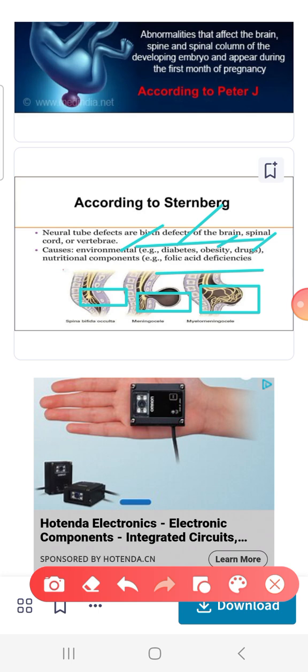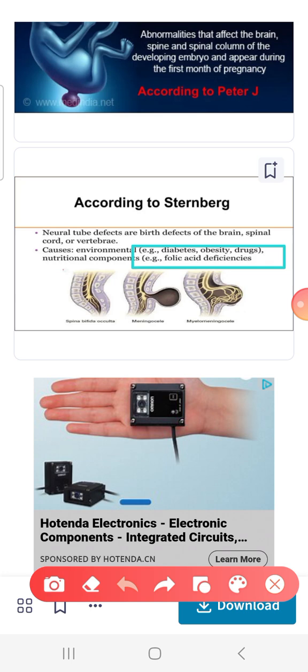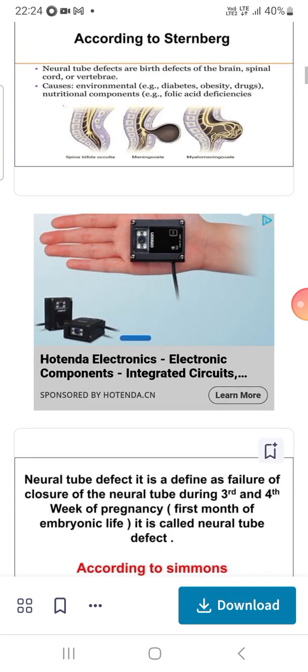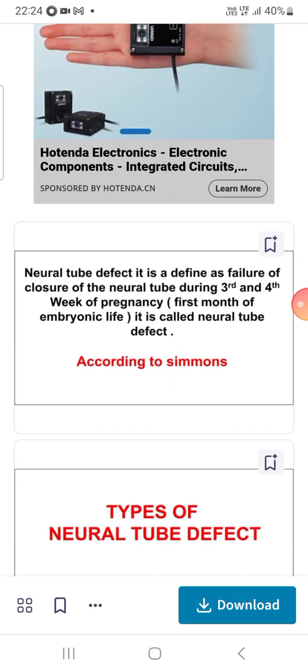How do these neural tube defects occur in the body? Due to some reasons: diabetes, obesity, addiction to drugs, or folic acid deficiency. These create problems in the brain and the spinal cord. A neural tube defect is defined as a failure of the closure of the neural tube.